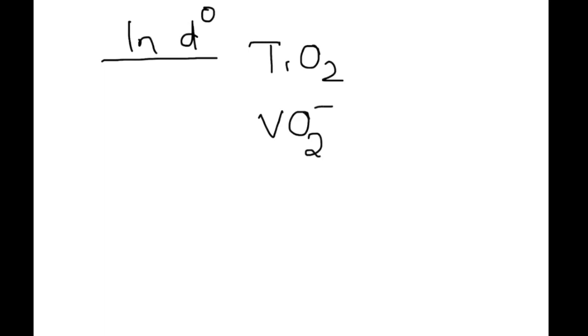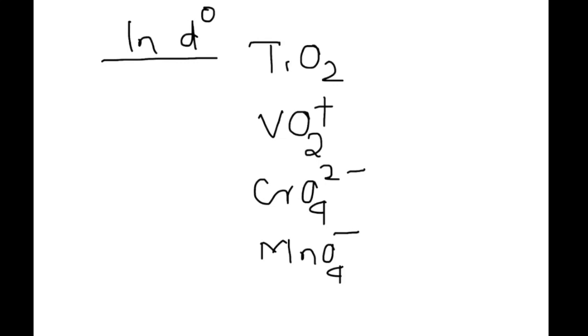In a D0 configuration, titanium exists as TiO2, vanadium as VO2+, chromium as CrO4 2-, and manganese exists as MnO4- permanganate.